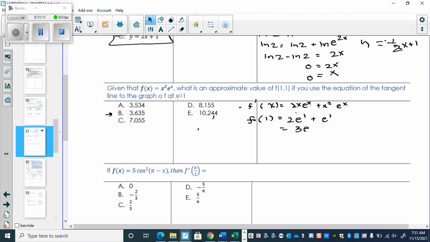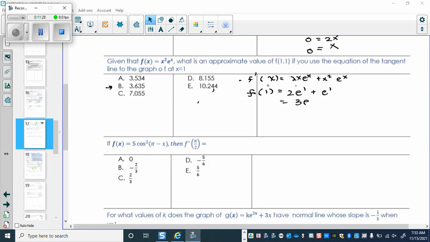All right. Now that I have this slope, your question is, how do I do approximations for this? Well, what you do is this. I'm not really sure why this comes up, but it's overly complicated. But I know f prime of 1 equals 3e.